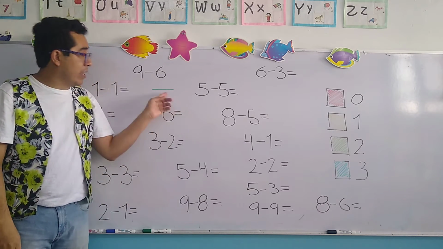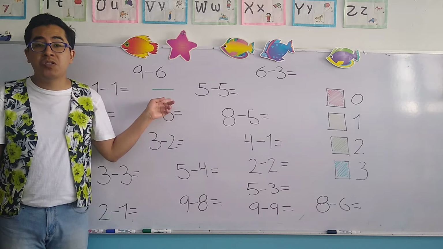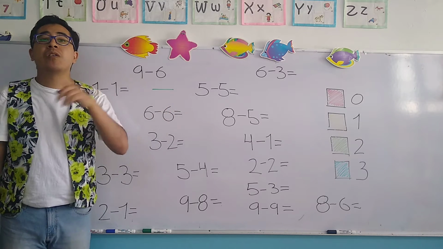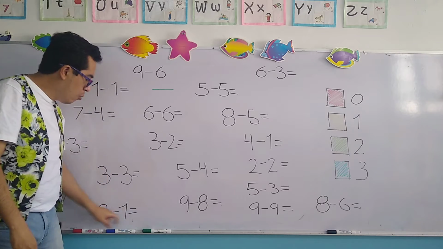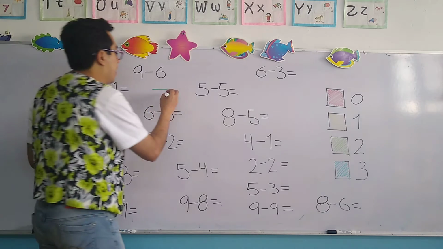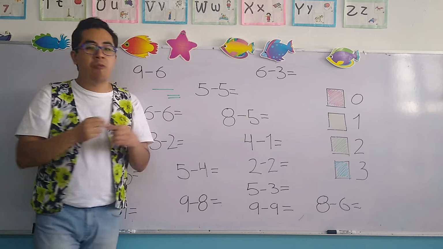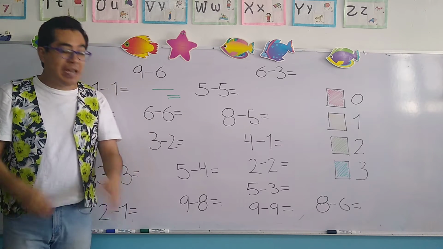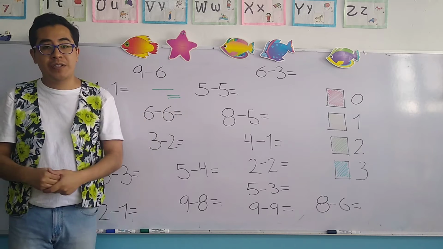In English, it's called minus. In Spanish, menos, el símbolo menos. And we also require the equal symbol. También necesitamos el símbolo igual, that means result, que nos quiere decir el resultado de la resta, okay?